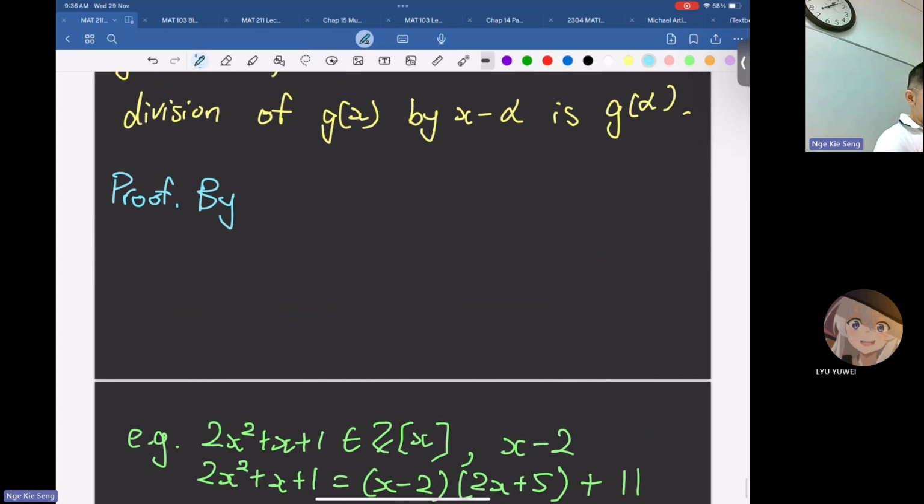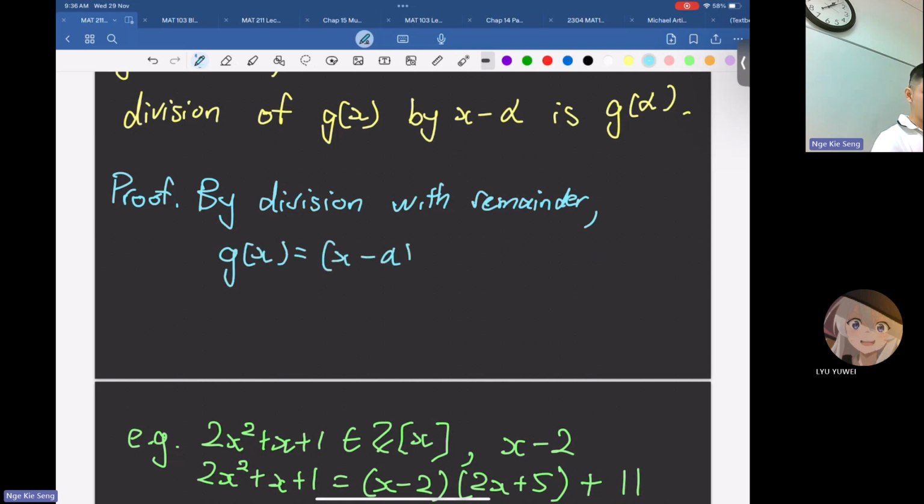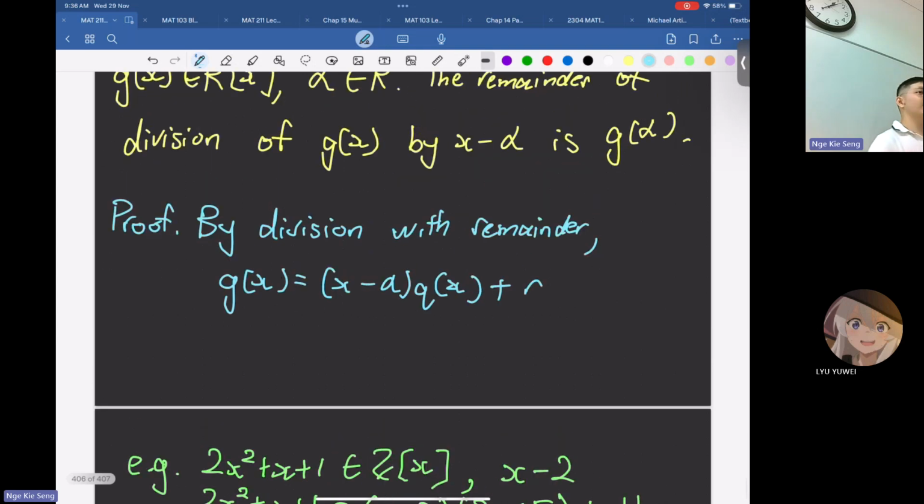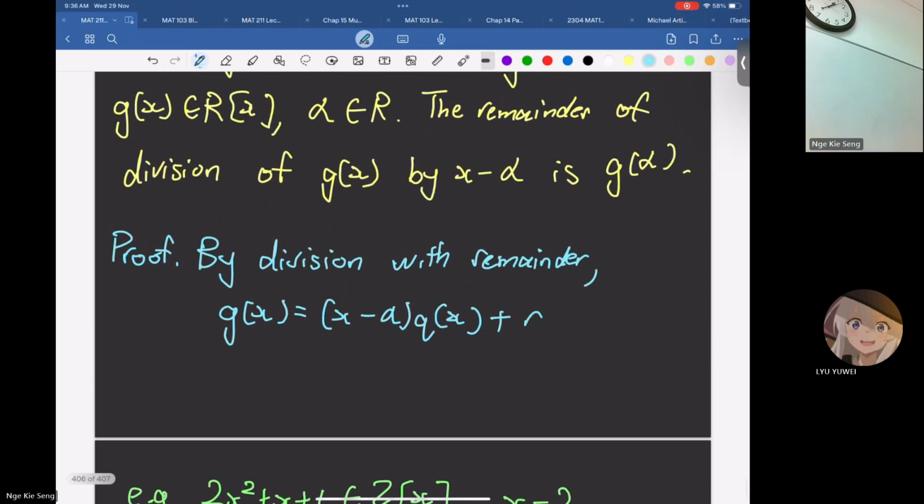So by division with remainder, what do we obtain? We get the equation g(x) equals (x minus alpha) times q(x), the quotient, plus r, where r is the remainder. Substitute alpha inside, then it becomes 0.